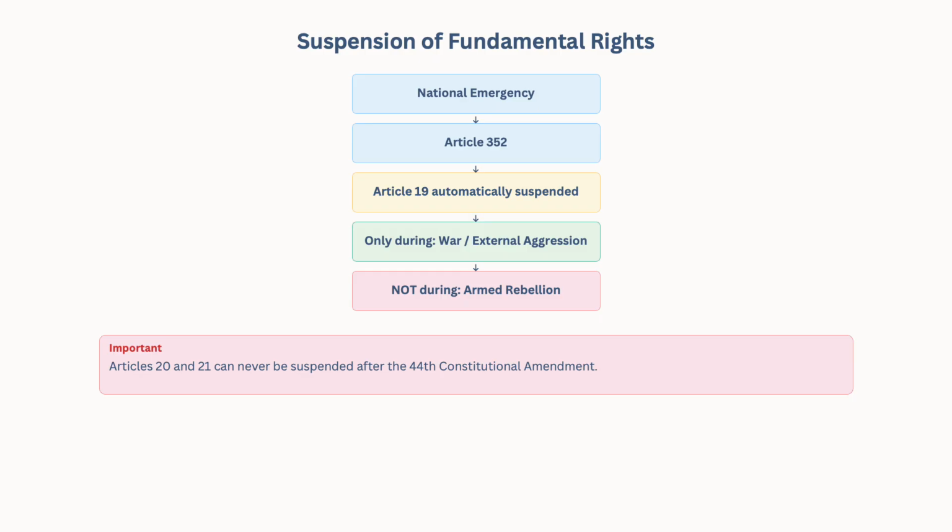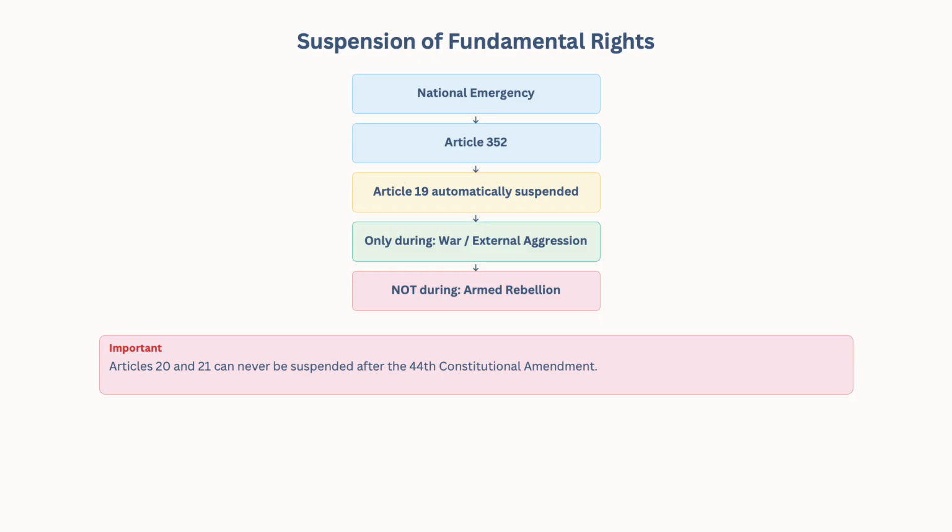And your movement: you cannot move from one state to another, and if you move, there will be a government permit system or different kinds of checking. You will also not be allowed to reside in certain places, and you will be restricted in terms of your profession, maybe, at such a time. So certain restrictions may be introduced by the Indian government, but only during war or external aggression.